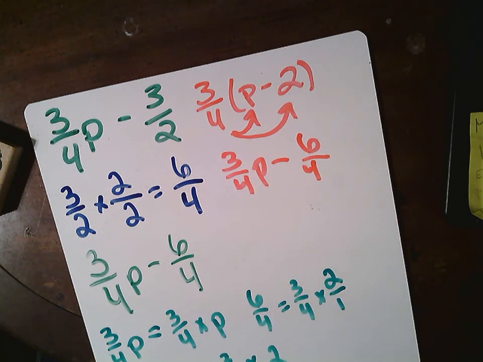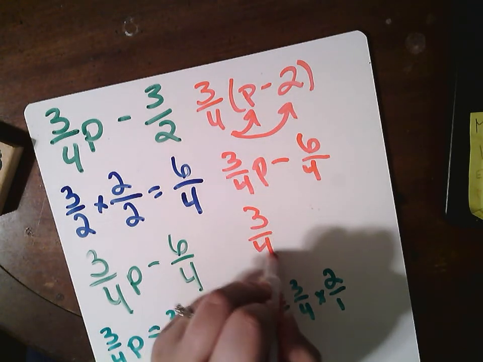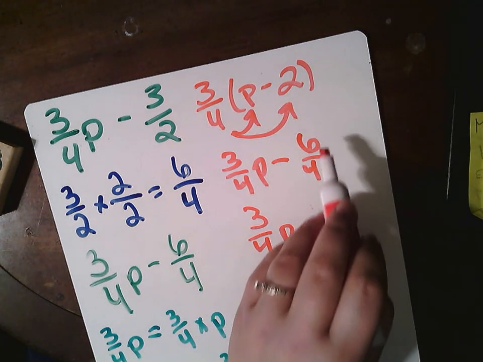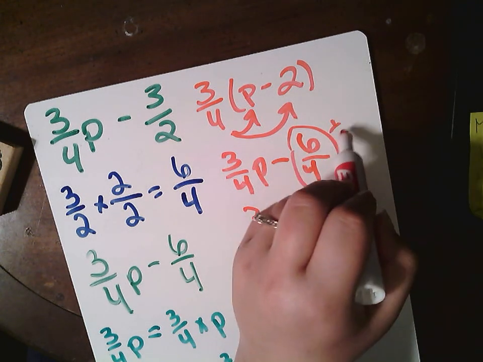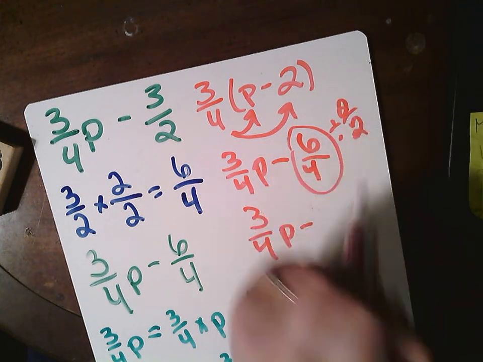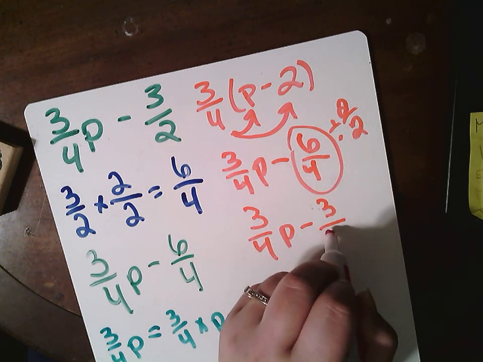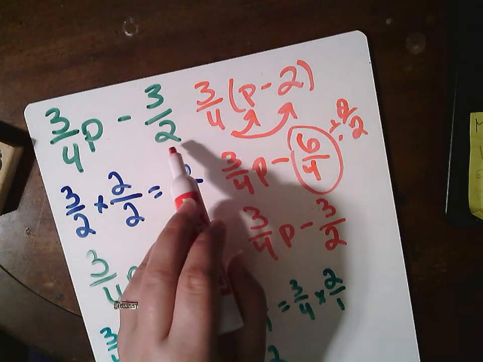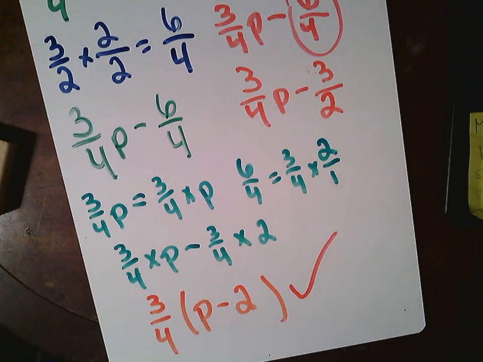And so if I were to simplify that fraction, we have 3 over 4 p minus 6 over 4, and if I divide this by 2 over 2, I get 6 divided by 2 is 3, 4 divided by 2 is 2, and that is what our original problem was. This answer that I got is correct.